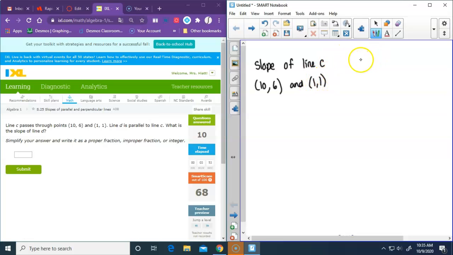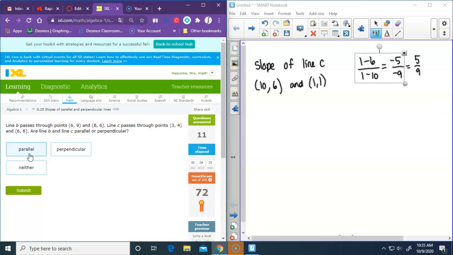So we're going to do 1 minus 6 over 1 minus 10, and that is going to give us negative 5 over negative 9, which will be positive 5 over 9, since we're doing a negative divided by a negative. It tells us that line D is parallel to line C. Whenever we have parallel lines, we have equal slopes. So this would be 5 over 9 for this one.